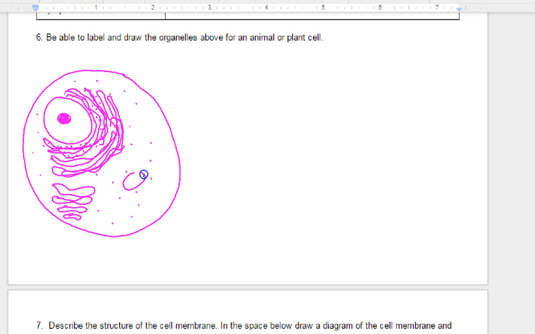And then we're going to have our mitochondria that has the folds in it like this. We would have our lysosomes that have some kind of funky structure. I always draw mine like little, I don't know, starfish or something.